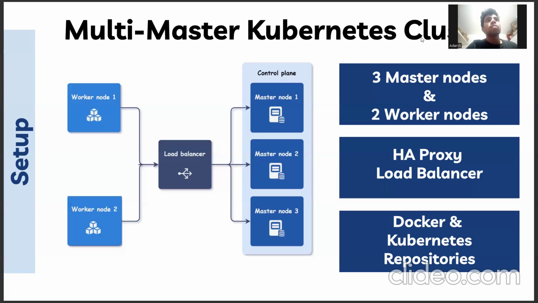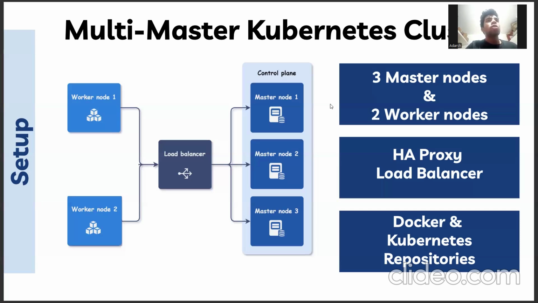Then come the worker nodes. These run the application workloads, and the nodes where the pods are deployed are also managed by the master nodes. So this is the basic overview of what a multi-master Kubernetes cluster setup is.